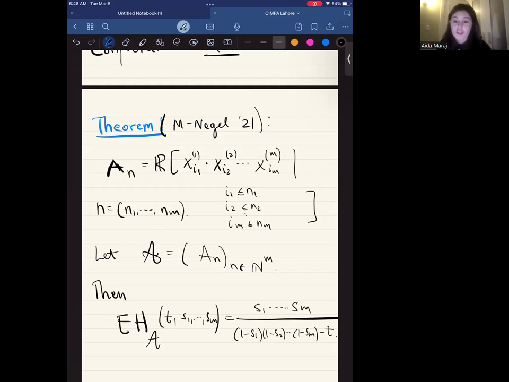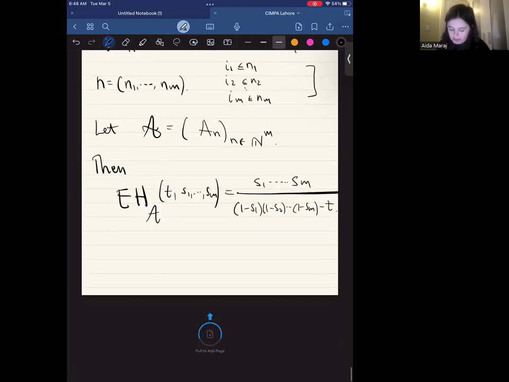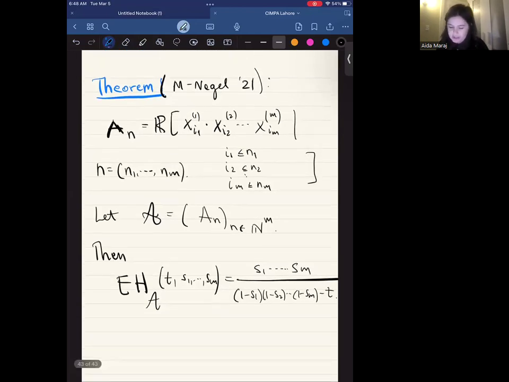Even though we did not know the rational form of the Hilbert series when m was at least 3, summing over them, you have this very nice form. The theorem, in fact, is for some generalized version of this series, but then the formulas are not this nice anymore, not this simple to write down.